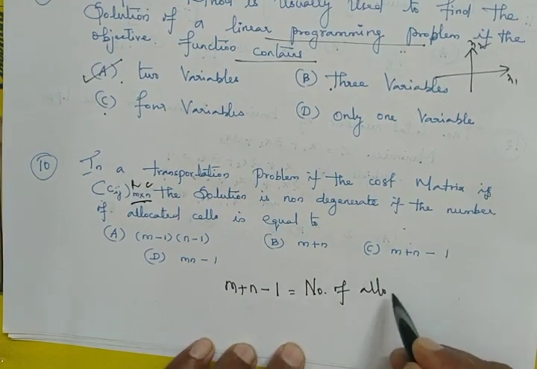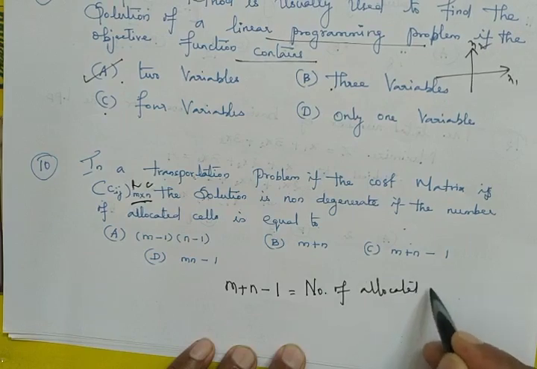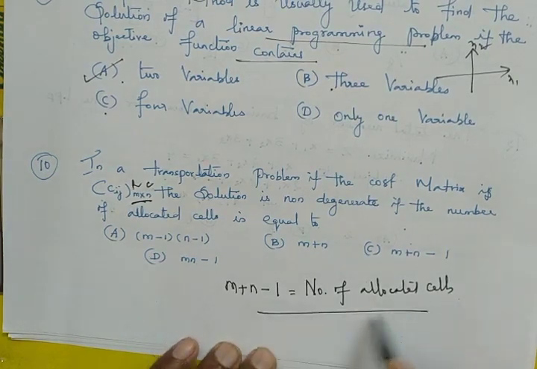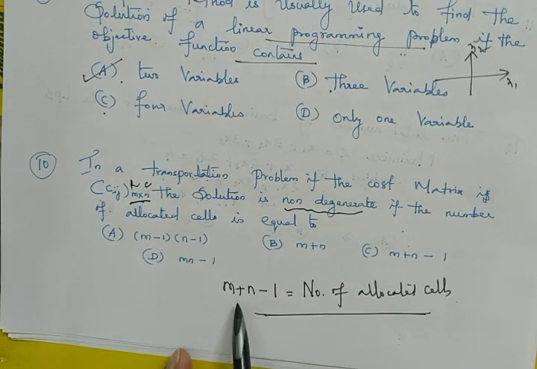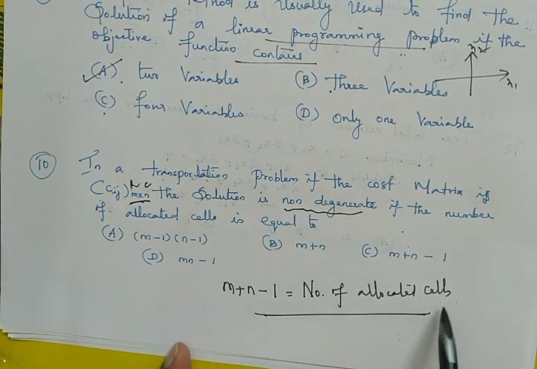This is the condition for non-degeneracy: m plus n minus 1 equals the number of allocated cells.